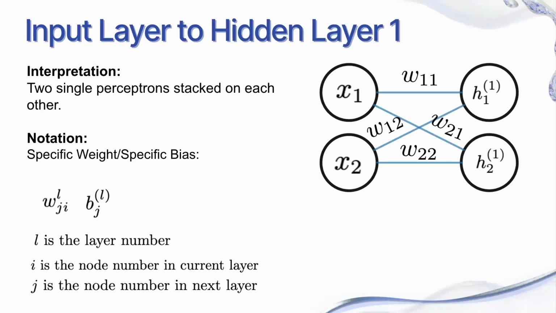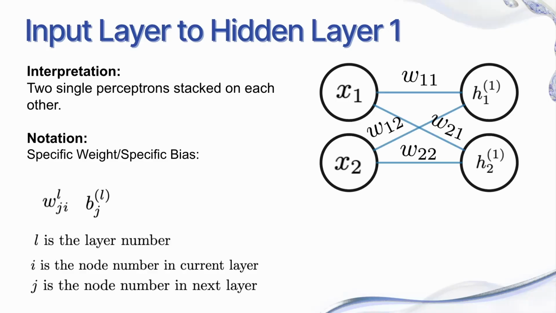Now to connect our input layer to our hidden layer, or any layer to each other, we have all these blue lines. All these blue lines are still edges, okay? And the way to understand it is it's just two single perceptrons stacked on each other, right? And notationally, we have to write down what each weight is.